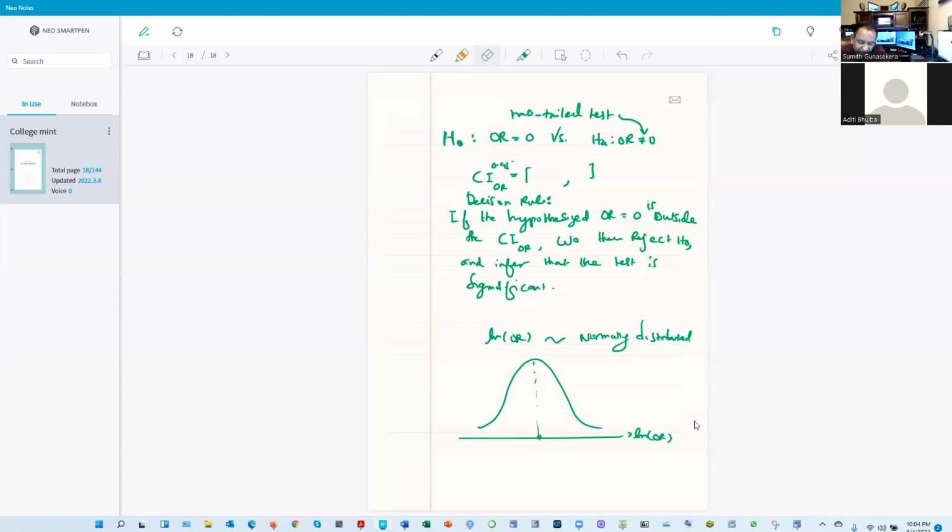The center of the distribution of ln OR is the observed value of ln OR. Here you get the significance level, with 0.95 in the middle. This is the confidence region, and these tails are the rejection regions.